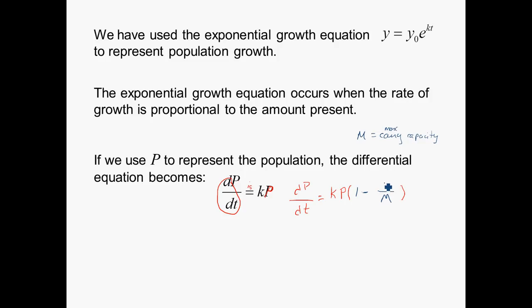What if this was M over M? Wouldn't this be a 1? And what is 1 minus 1? That would make that 0, right? And what is 0 times Kp? It would be 0, which means your rate of growth would be 0 if your population was at the carrying capacity.